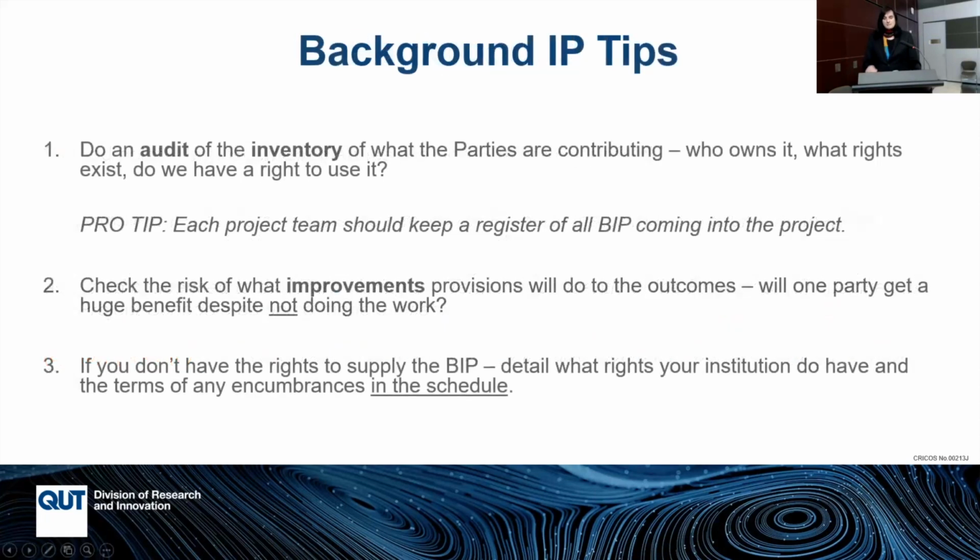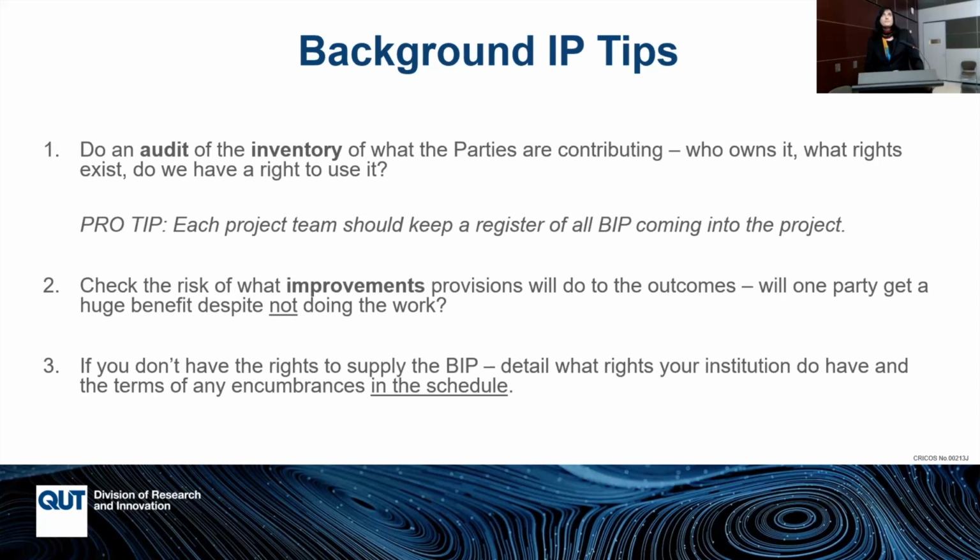Accordingly, tips. First tip, figure out what the background IP is that you're providing to a project. Do an audit, do an inventory, get someone to write it down, do some due diligence, figure out who owns it, figure out whether you've even got the rights to use it if you've got it on a license which is less than full ownership.